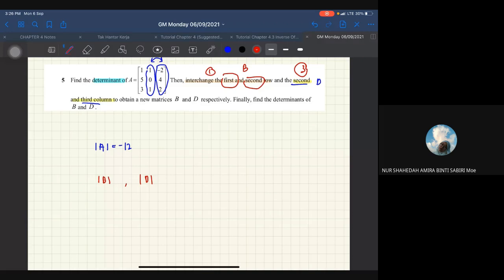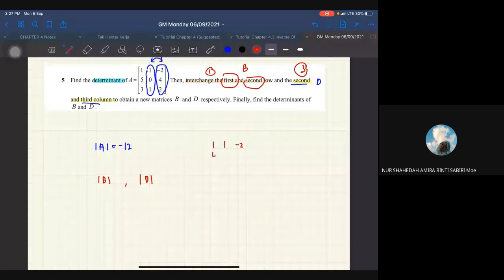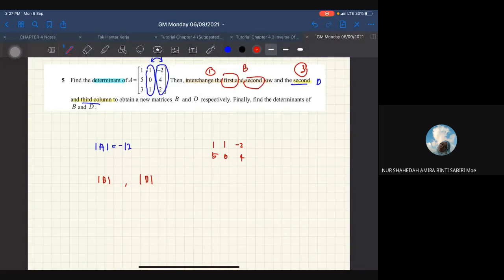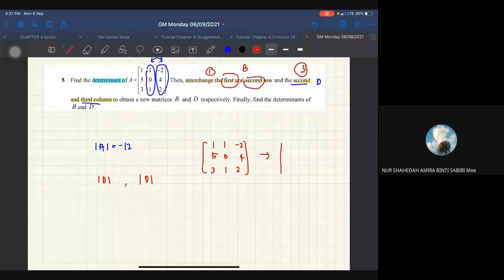Okay, betul? So, properties of determinant, kalau contohlah kita ada satu matrix, sekarang awak ada matrix asal-asalnya, you have 1, 1, negative 2, 5, 0, 4, 3, 1, 2. Okay, and then sekarang dia dah tukar first and second row.